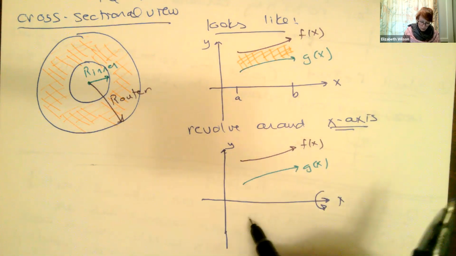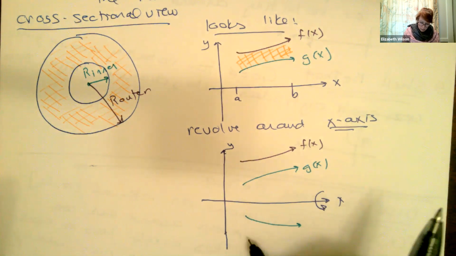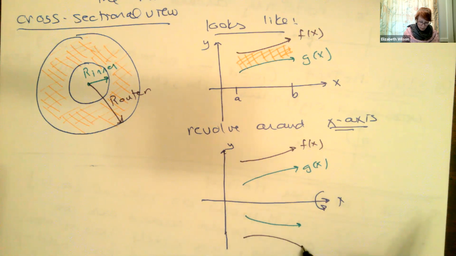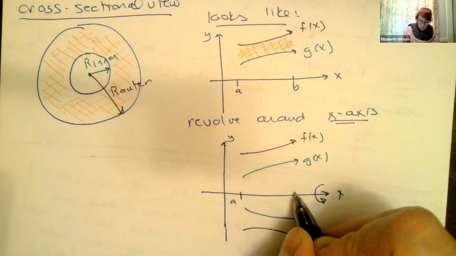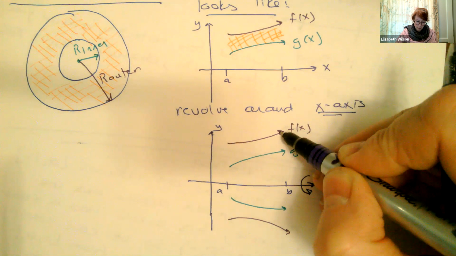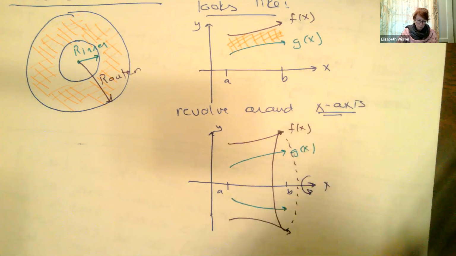Okay, and here's my reflected, because I need to, let's get those. This is my f of x. And this goes from A to B, for example. So what do I get? I'm going to go like this. I create an outer, and I have an inner.